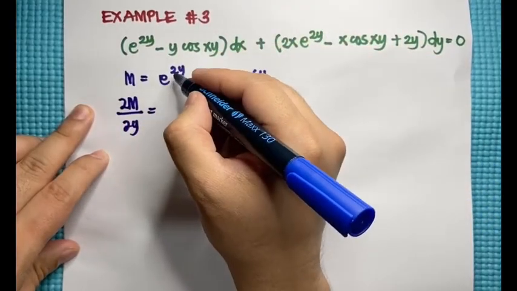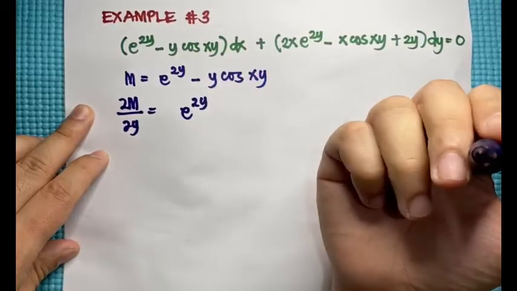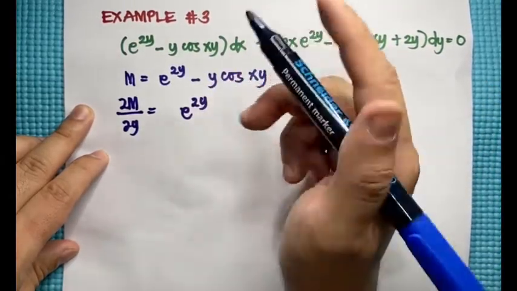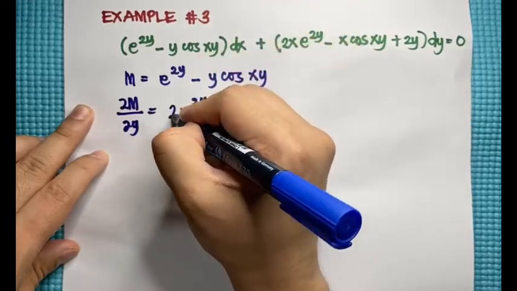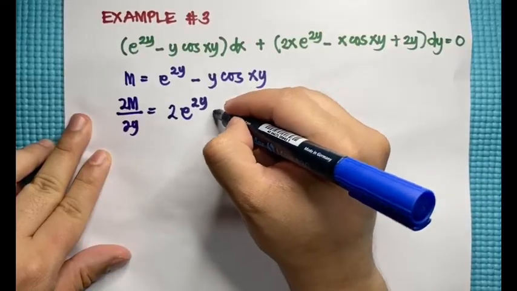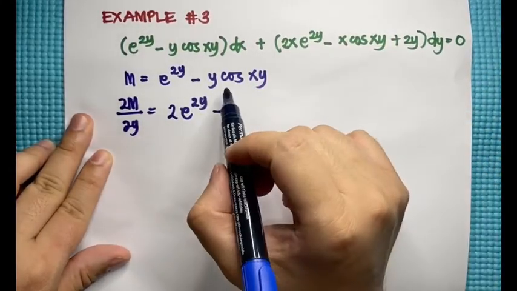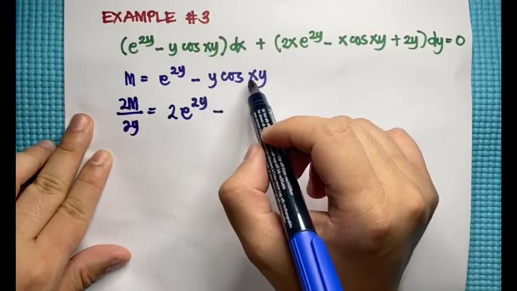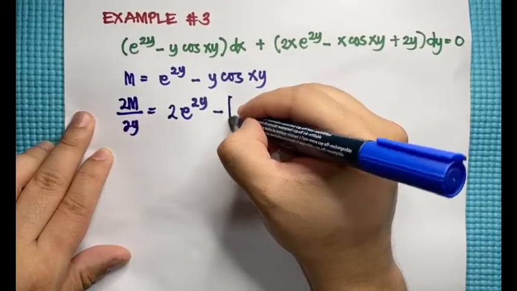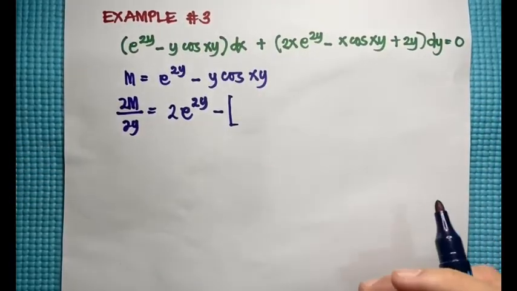And that is, the exponential function is e raised to 2y, and the derivative of 2y would be 2 dy, or I'll just attach 2 there. And then minus, you can see here there is a product of y and the cosine xy. In that case, we will be using the product formula.